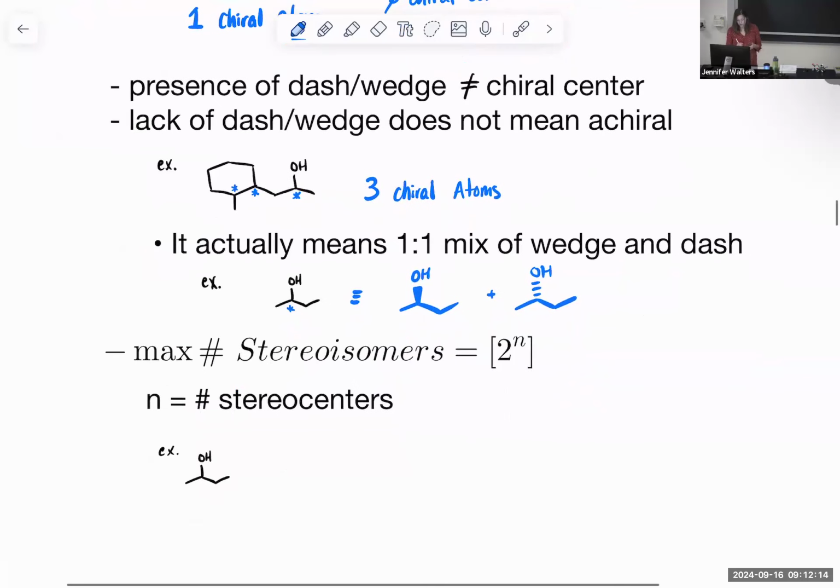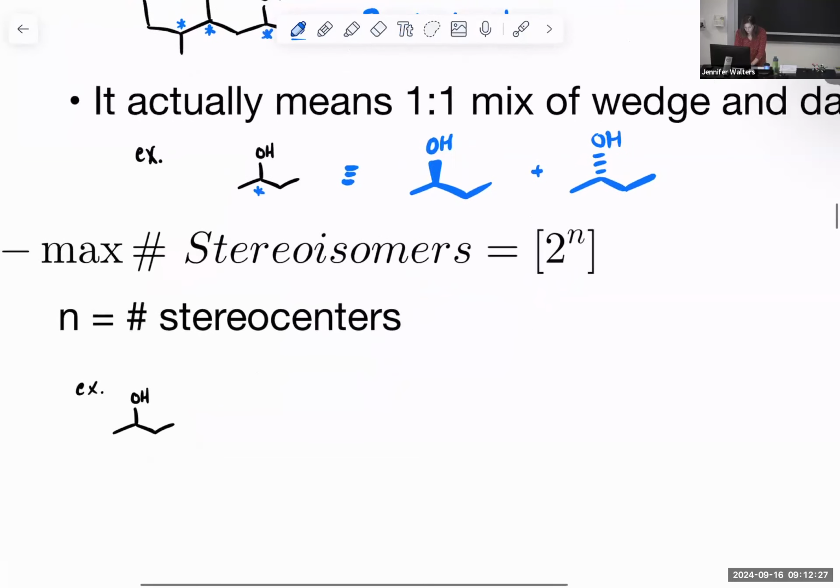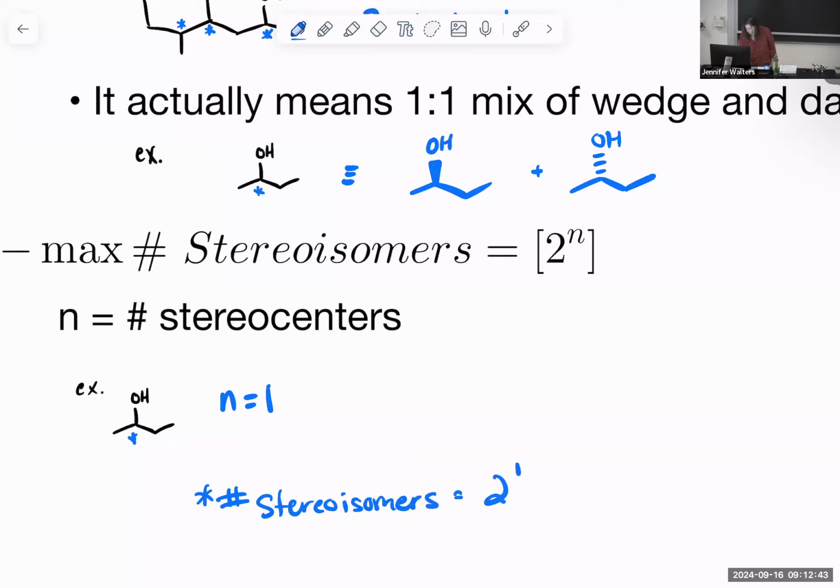The maximum number of stereoisomers possible is found using the formula 2 to the n, where n is the number of stereocenters, the number of chiral atoms that you have. For example, with that molecule, n is 1, so the number of stereoisomers is 2 to the 1, which is 2.